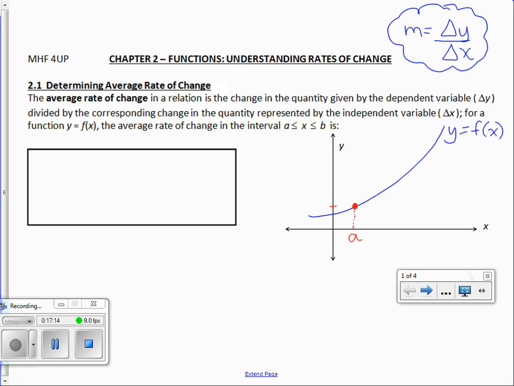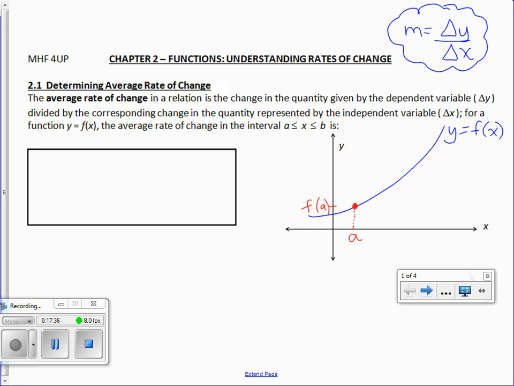How would you find the y value? Remember, you input A into the function. So it's f at A. Everyone making sense of this?